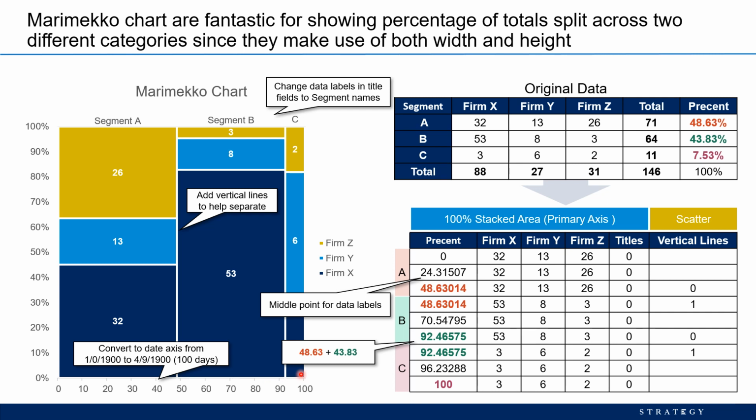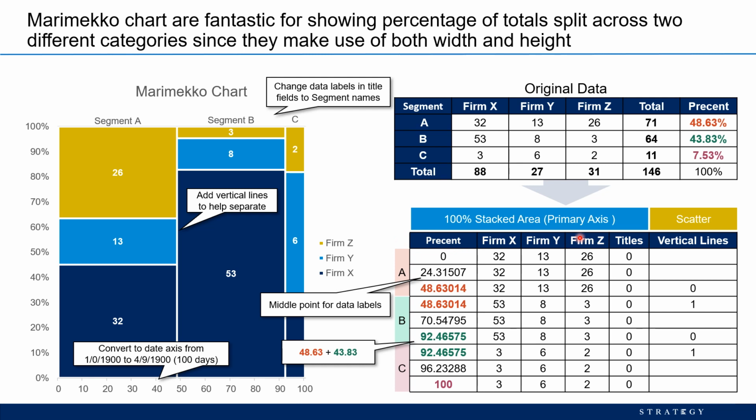And I'm going to continue doing that so I can get the width for each one of my different segments. The reason why I have a midpoint in here is purely so when I go to add data labels, I get data labels that are centered. Otherwise, I just get data labels on the ends, which I do not want. However, if you don't care about having data labels, you do not need to add this second row into it.